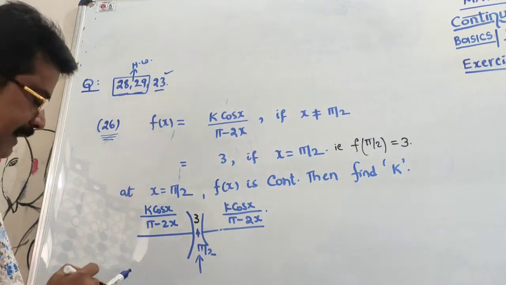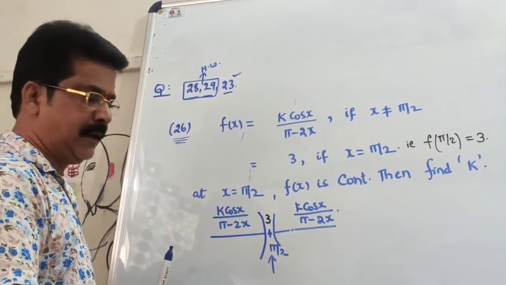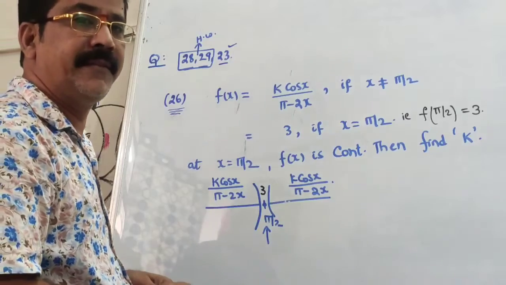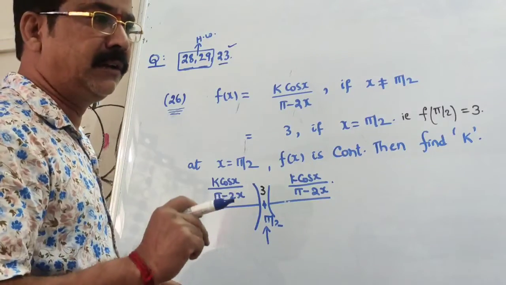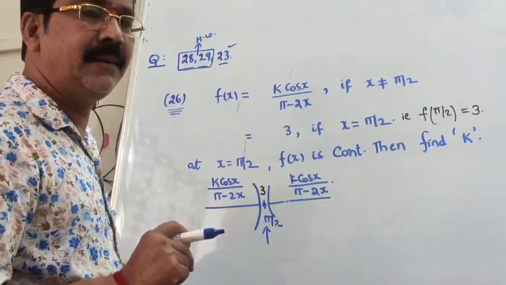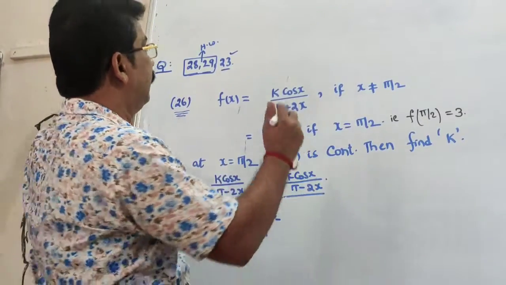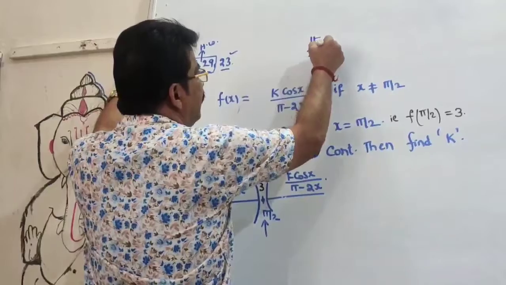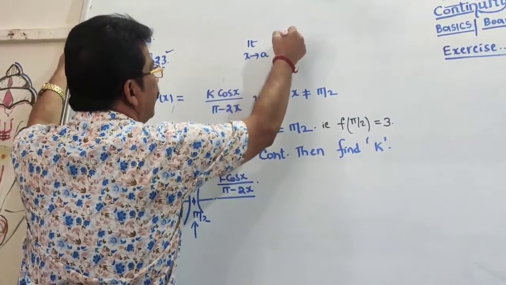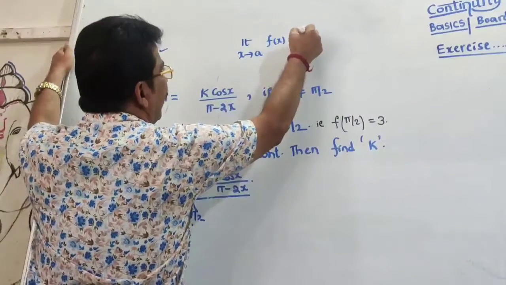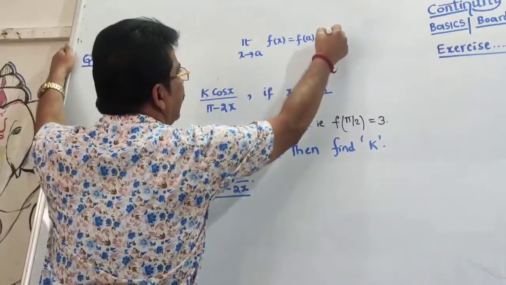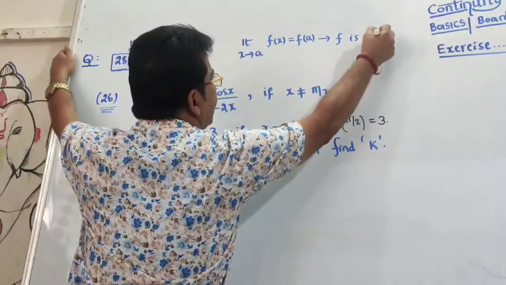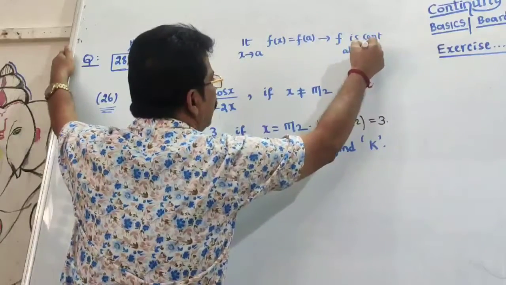Of course, it is not a discrete function. We need not apply the second definition, meaning we need not go for the left hand limit and right hand limit. One direct application or definition: limit x tends to a, f of x is equal to f of a, then f of x is said to be continuous at x equal to a.